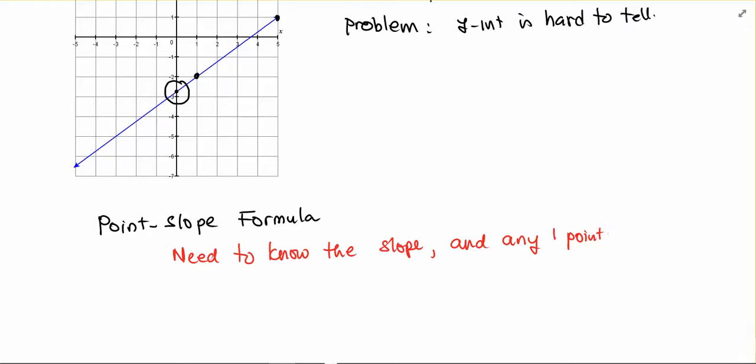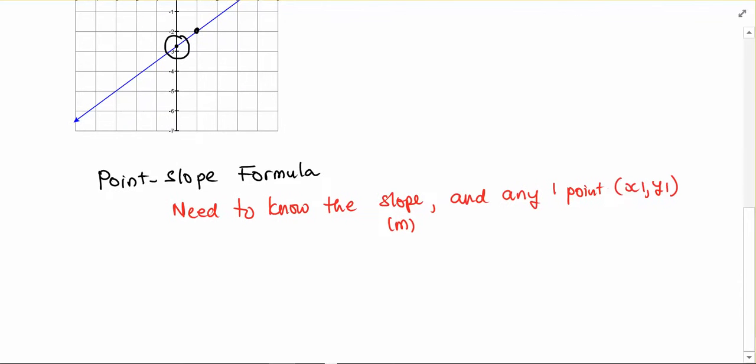Let's call this m, and any one point x1, y1. So here's what the point slope formula is. It is y minus y1 equals m times x minus x1.